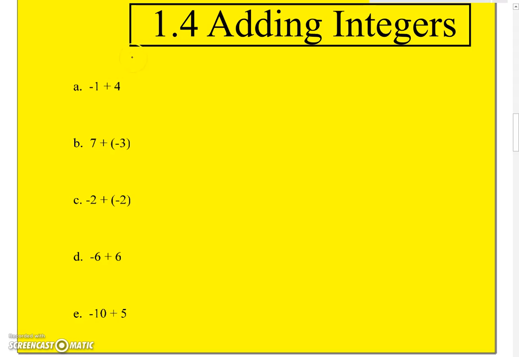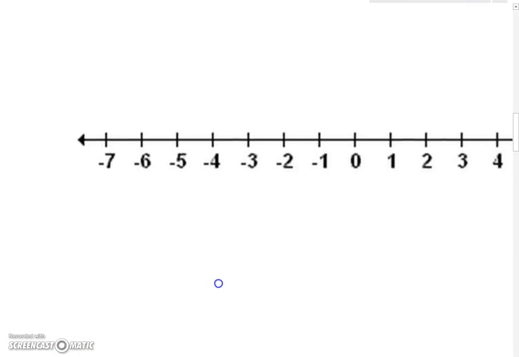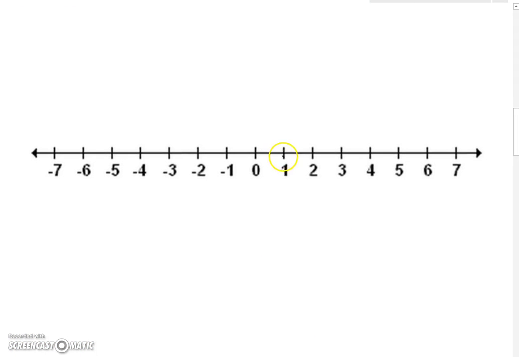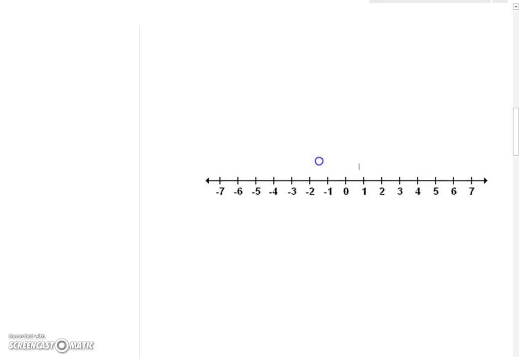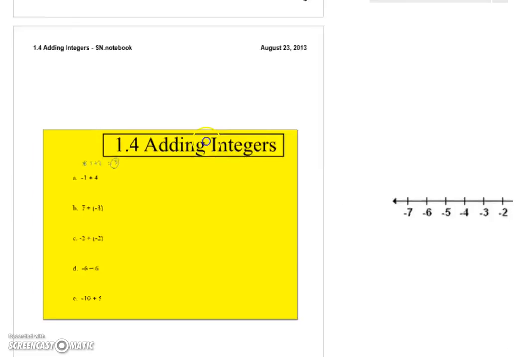If we did a basic problem, let's say 1 plus 2, that's the most basic problem we got, I guess, besides 1 plus 1. 1 plus 2 equals 3, and just to belabor the point, if we start at 1 and we add 2, we're going to go to the right. We go 1, 2, and now we're at 3. So we see that on the number line. Just want to paint that picture for you.